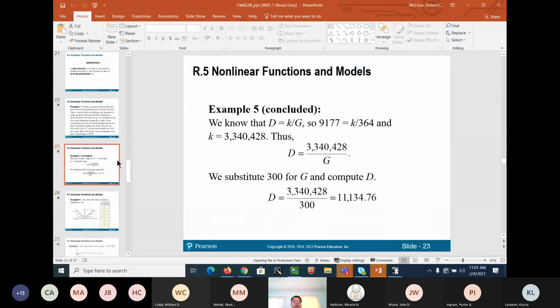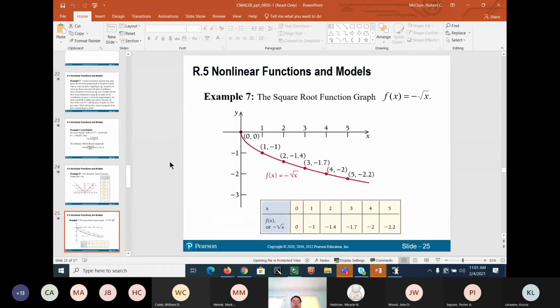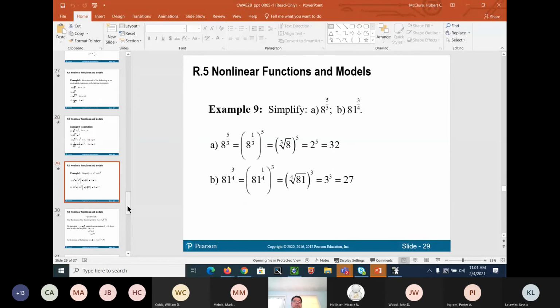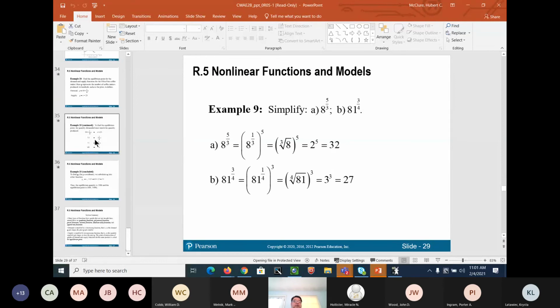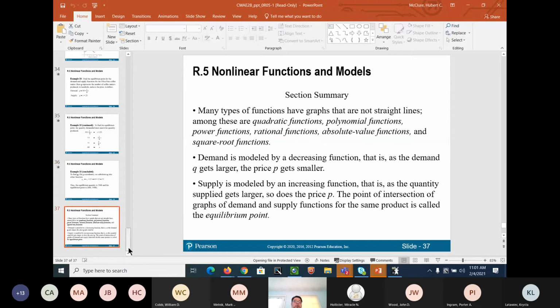I'm looking to see, there's the absolute value. I already showed you that. There's the square root function, but it's negative. We talked about negatives. Just trying to see where we're going in R5. Okay, I think we're good with R5.